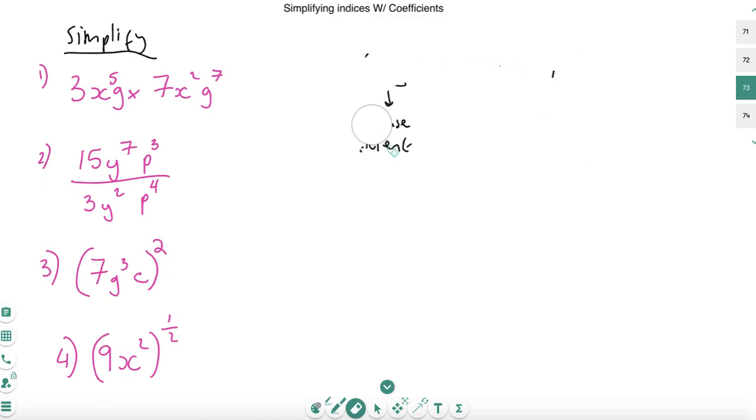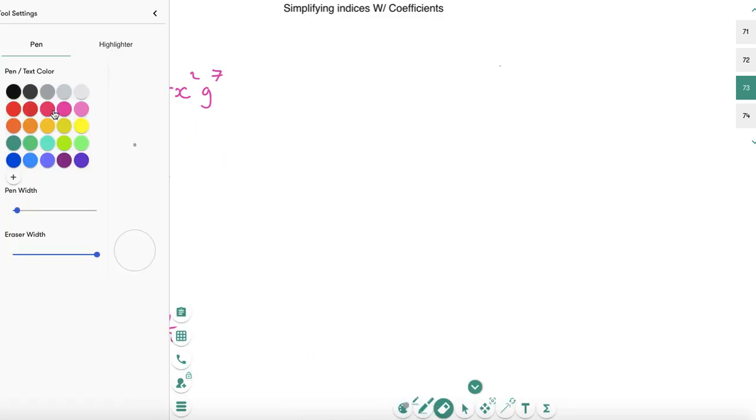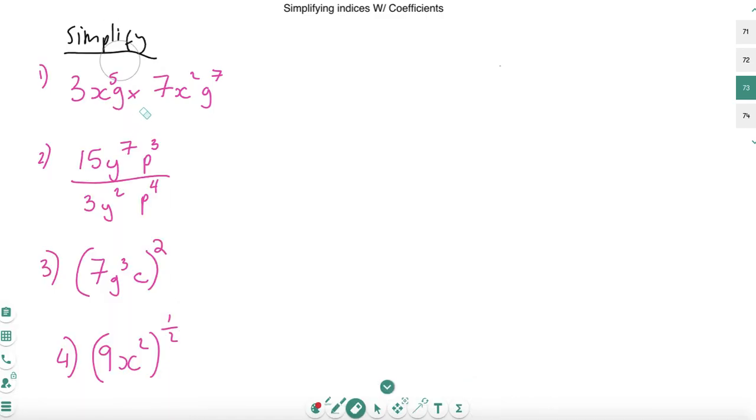I'll take this away. Simplify 3x to the power of 5 times g multiplied by 7x squared g to the power of 7. So what I'm going to do is first separate the coefficient with each indice, and even separate each letter. So 3x to the power of 5, and g, for the other term, it's 7x squared g7.